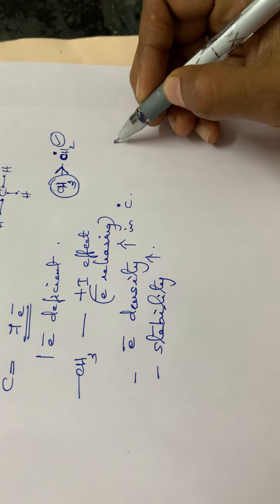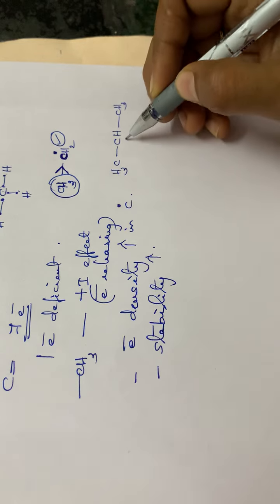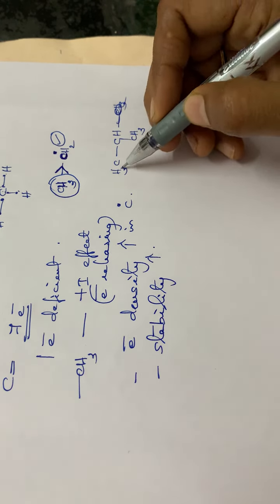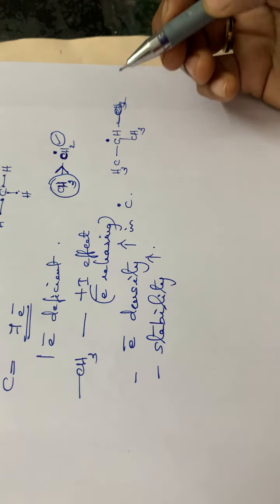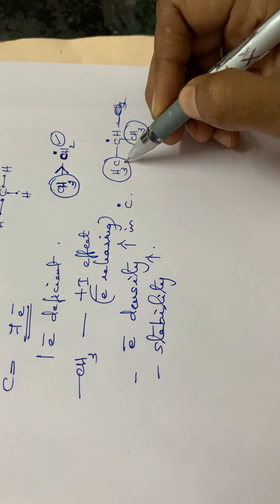Similarly, in the case of two CH3 groups, (CH3)2CH dot, how many CH3 groups are attached to this carbon free radical? Two methyl groups.